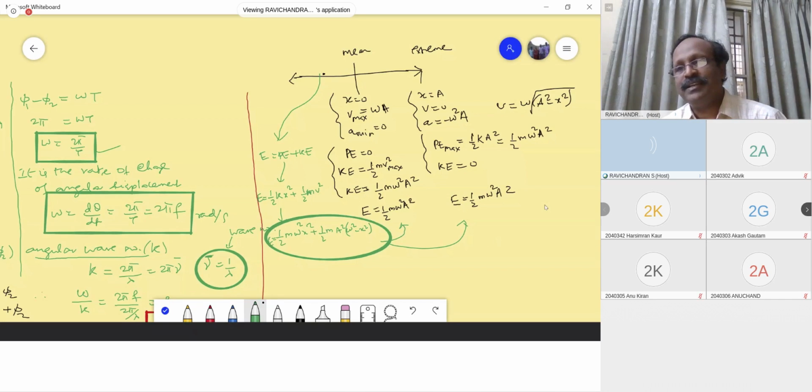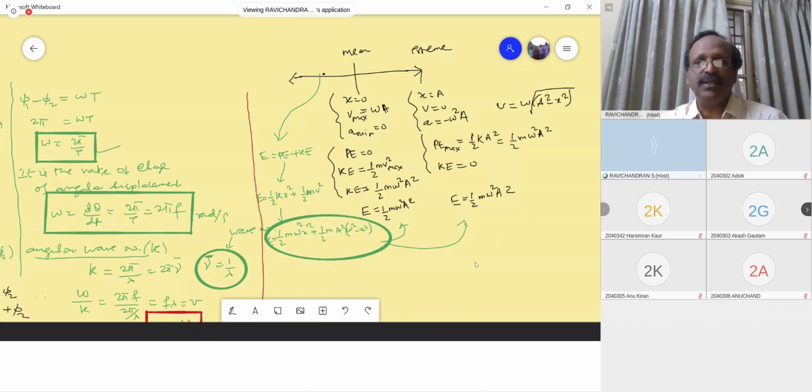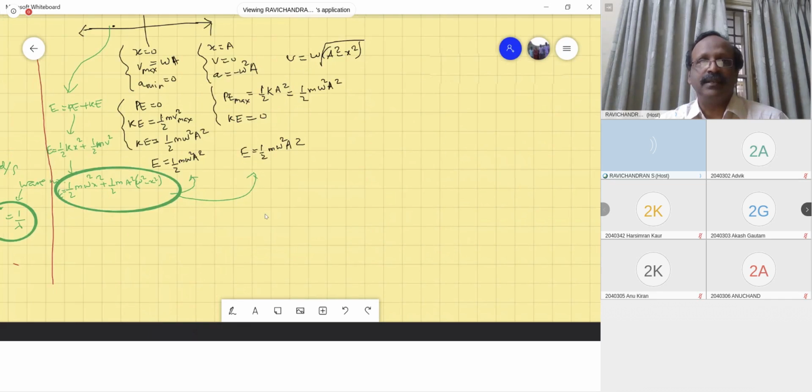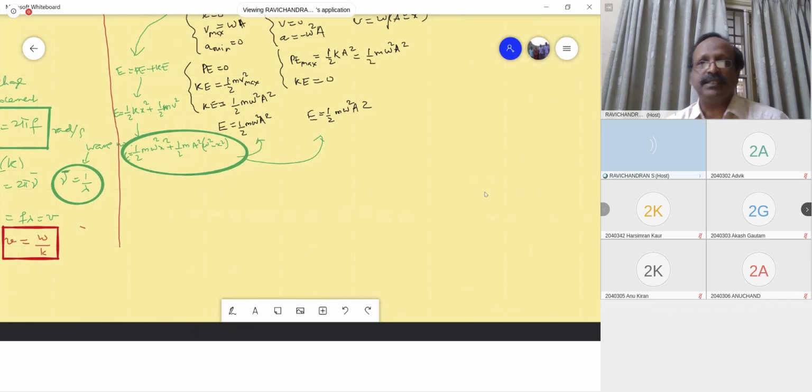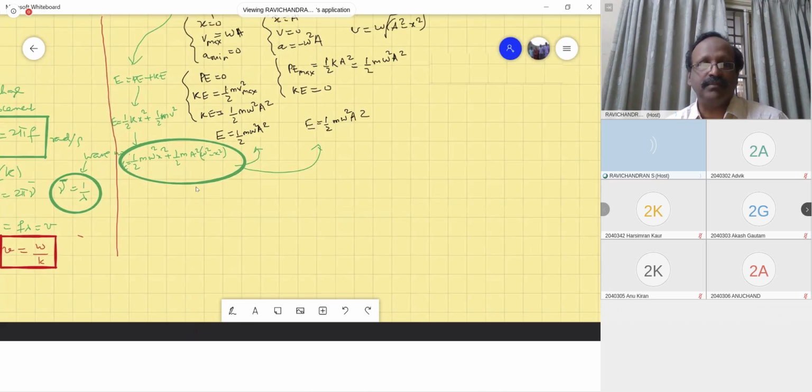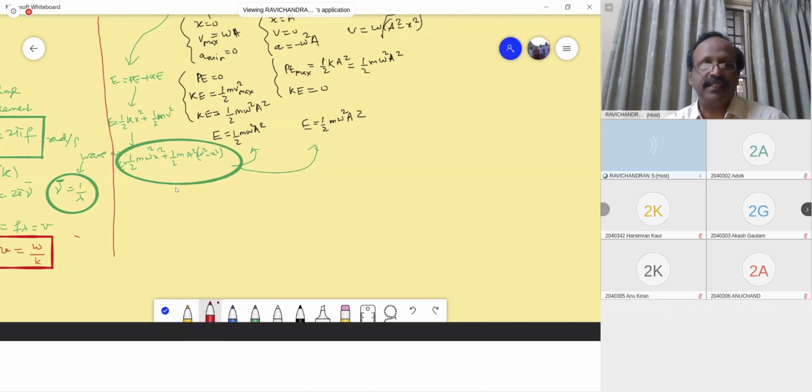So now I can add some more points with the simple pendulum, as these are there as general questions. Some idea about the simple pendulum. In the case of simple pendulum, look at this one, this is a simple pendulum.